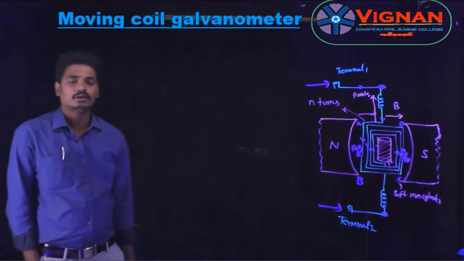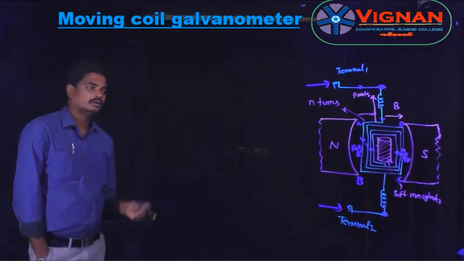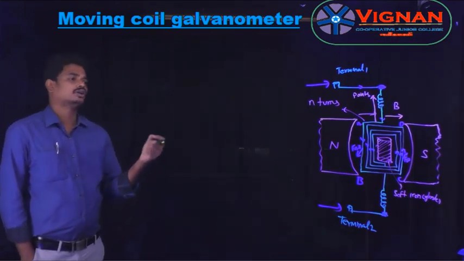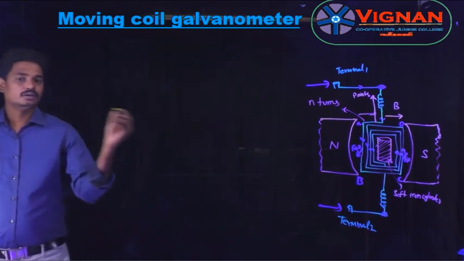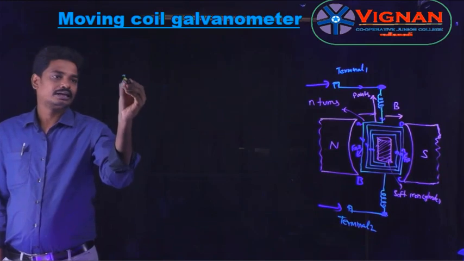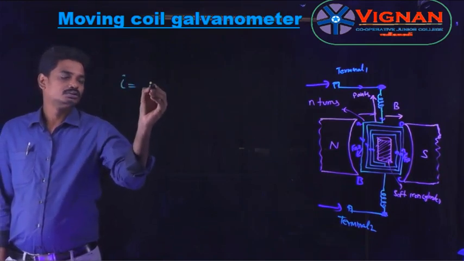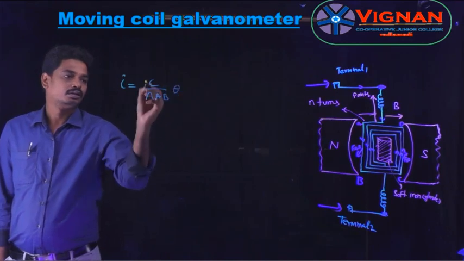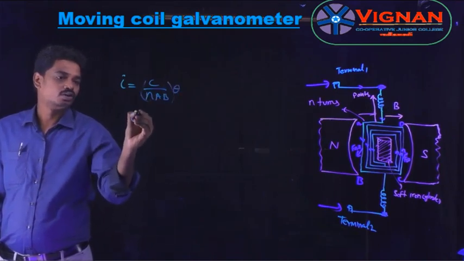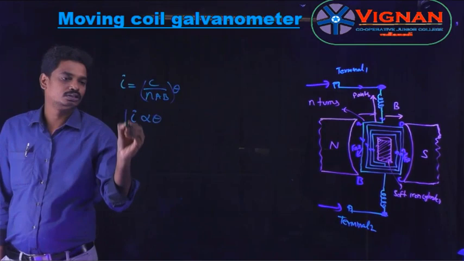So from the video, I think you can understand what happens when current flows through the moving coil galvanometer. From the expression of the moving coil galvanometer, current I is equal to C by NAB into theta, which is a constant, so I is directly proportional to theta.